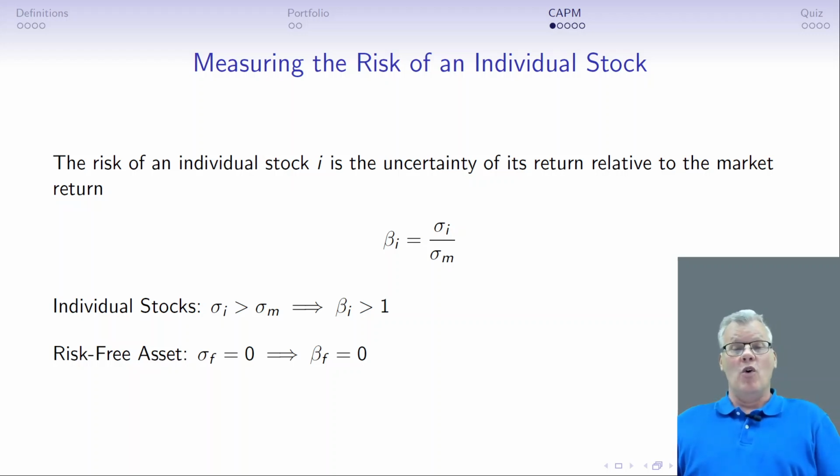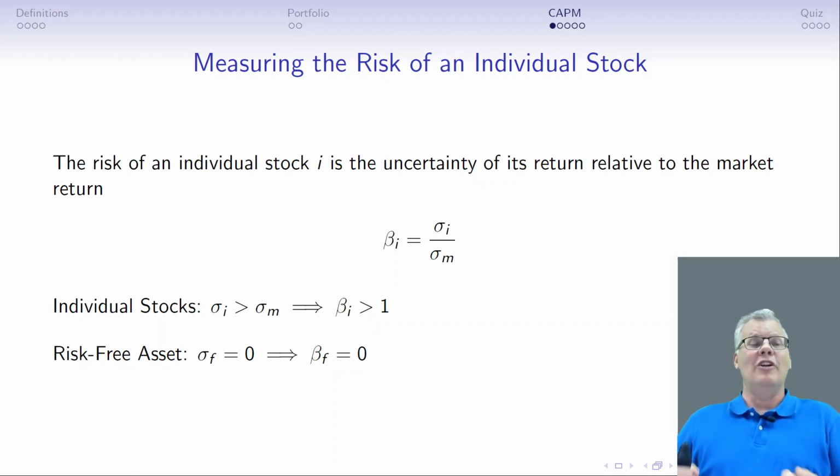You'll notice, though, if we're thinking about what beta must be for the risk-free asset, the measurement of the variability of its return, sigma sub f, is 0. Remember, because of the risk-free rate of return, the U.S. Treasury bill, you get the rate of return that you signed up for with certainty.